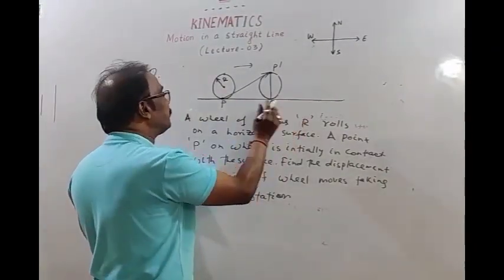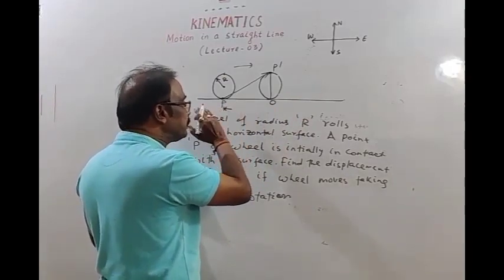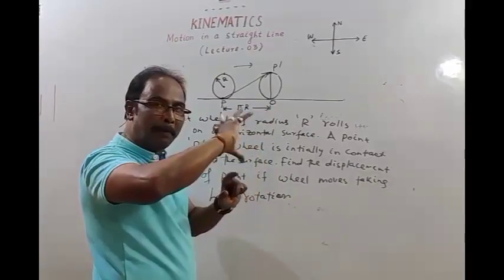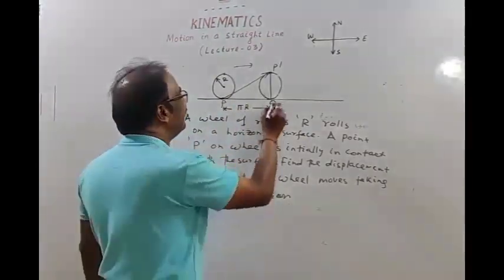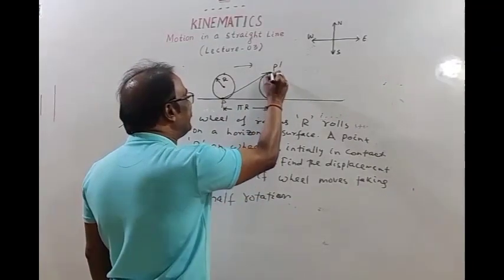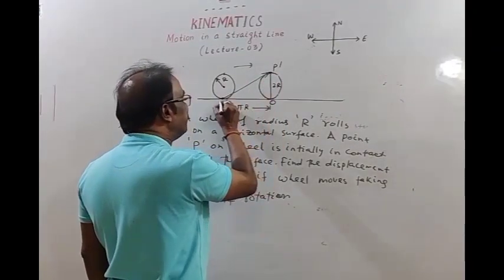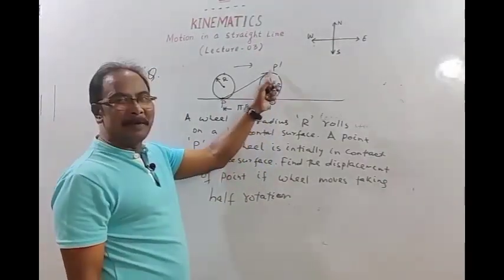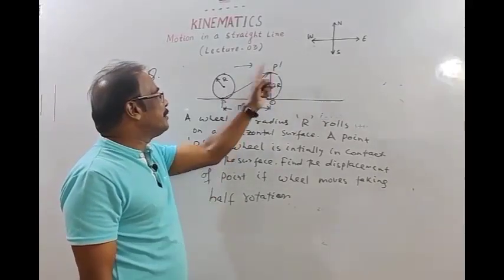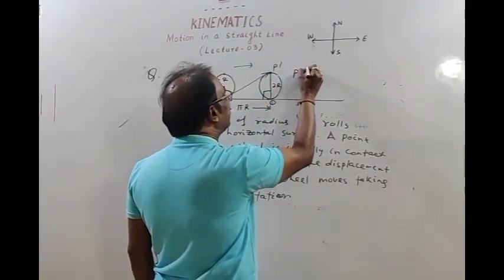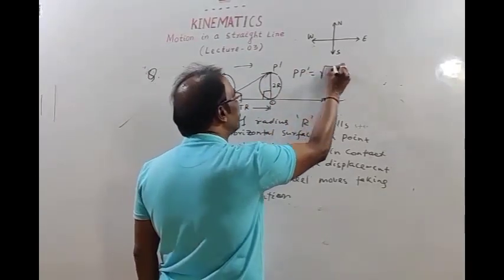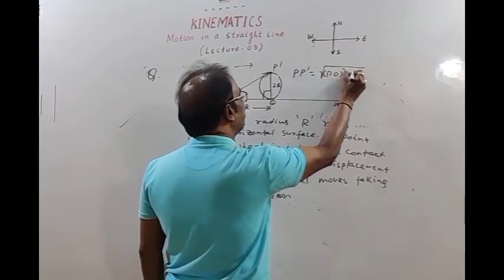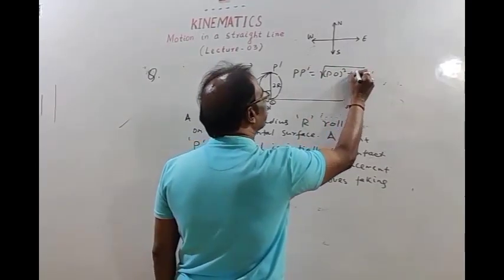For half rotation of the wheel, the path covered, meaning the linear distance covered by the wheel, is obviously pi r. For half rotation, for 180 degrees, pi r. Then OP dash, if radius is r, is a diameter, meaning 2r. See, POP dash is a right angle triangle. This is base PO, this is perpendicular OP dash, and this is the hypotenuse PP dash. We have to find length PP dash, which is the magnitude of displacement: square root of PO square plus OP dash square.